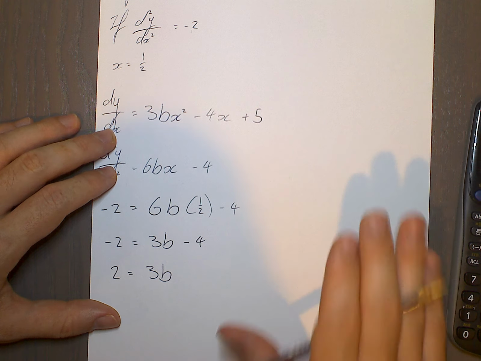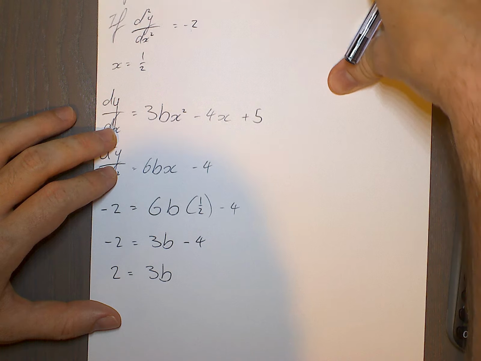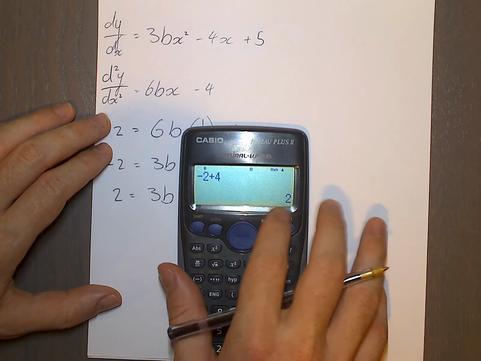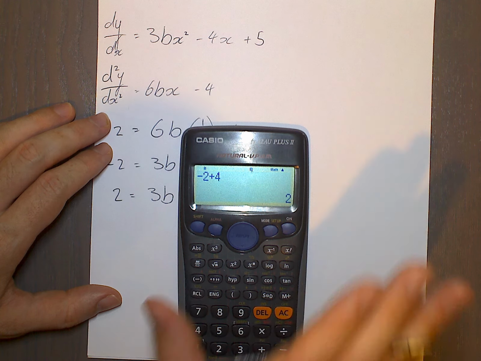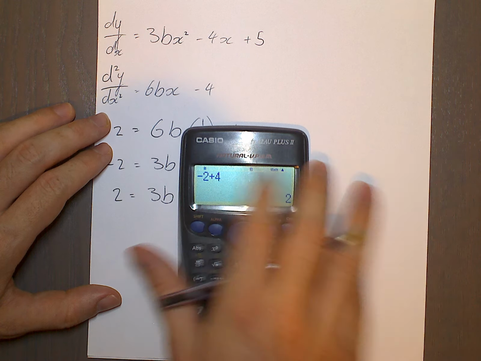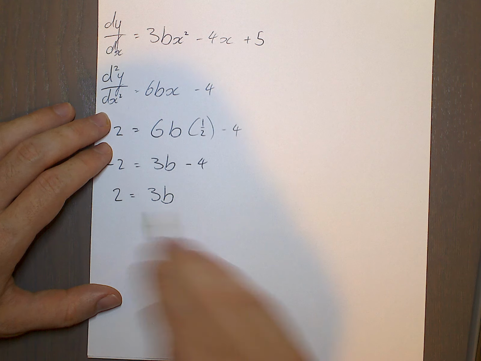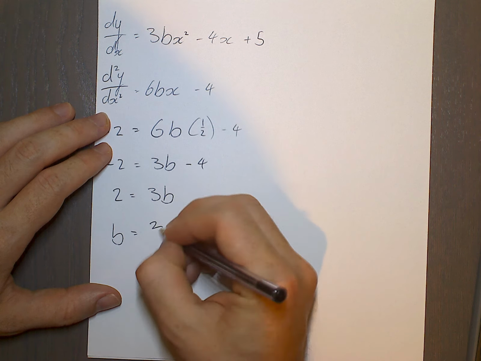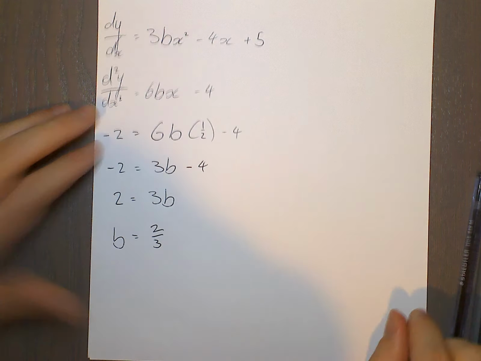It's a really stupid thing, but I've made so many silly mistakes, I just now default to it. So I know that looks really dumb, but trust me, that's the simple stuff that you make the most mistakes on. And then divide by 3. b is going to be 2 over 3, I believe.